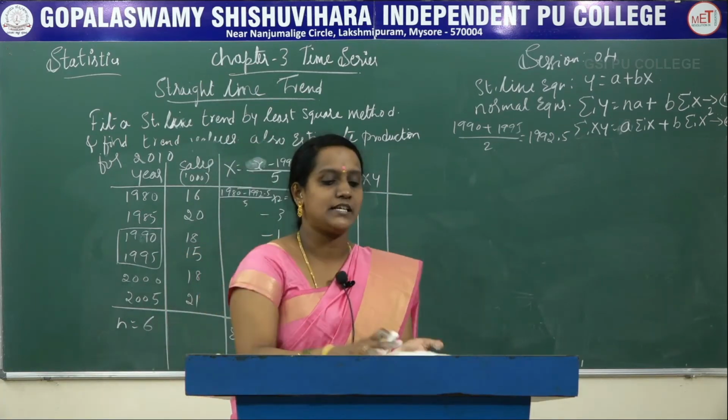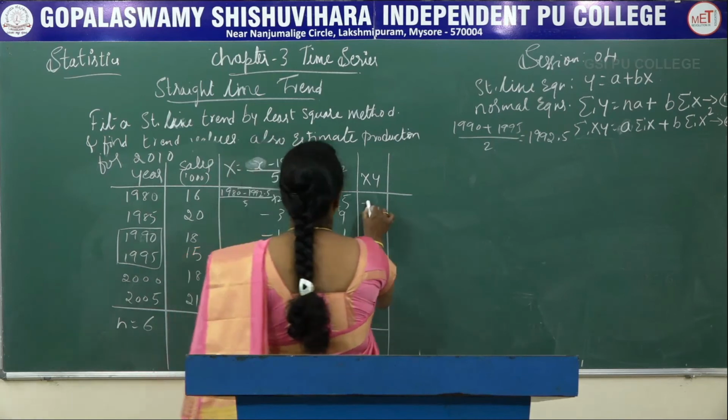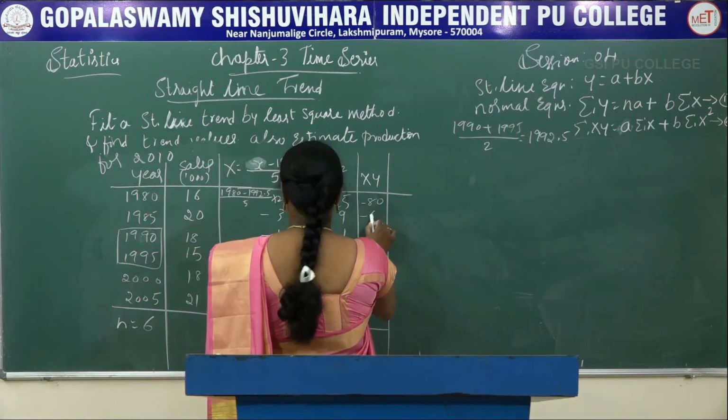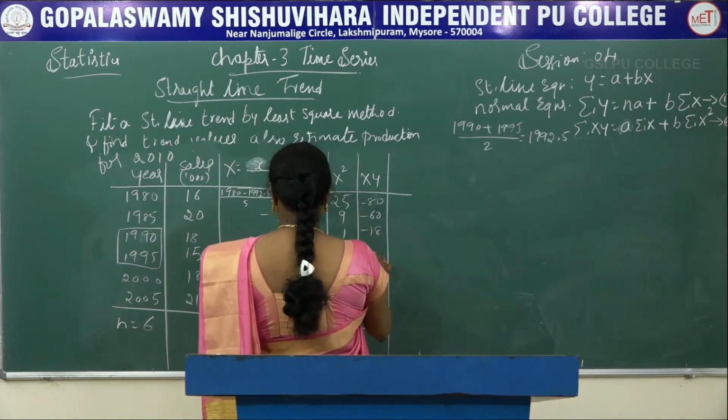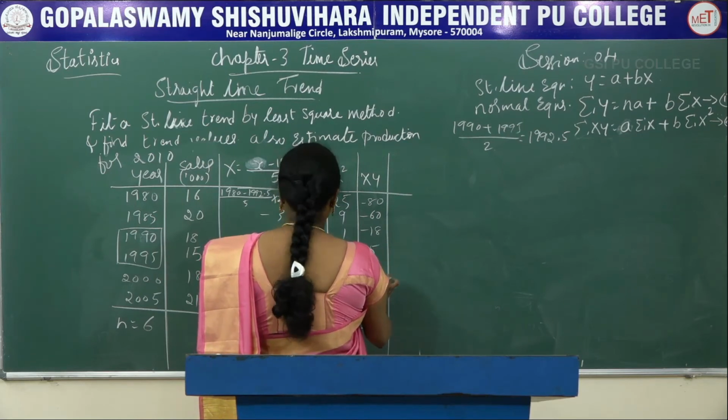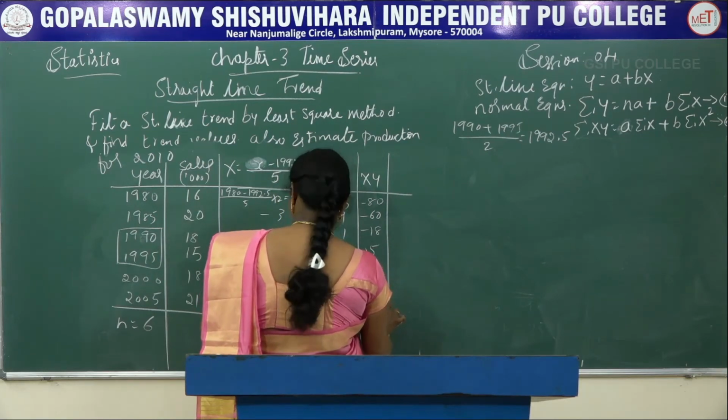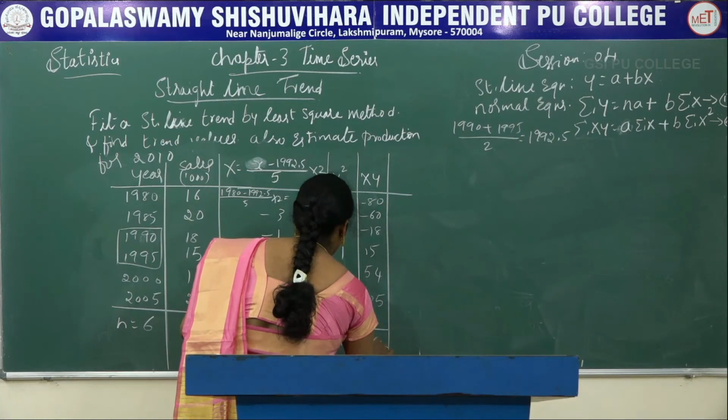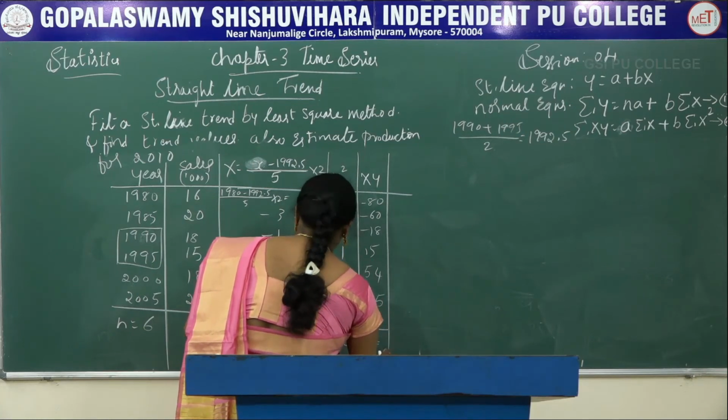And x into y is minus 80, minus 60, minus 18, 15, 54, 105, and summation of xy is equal to 16.